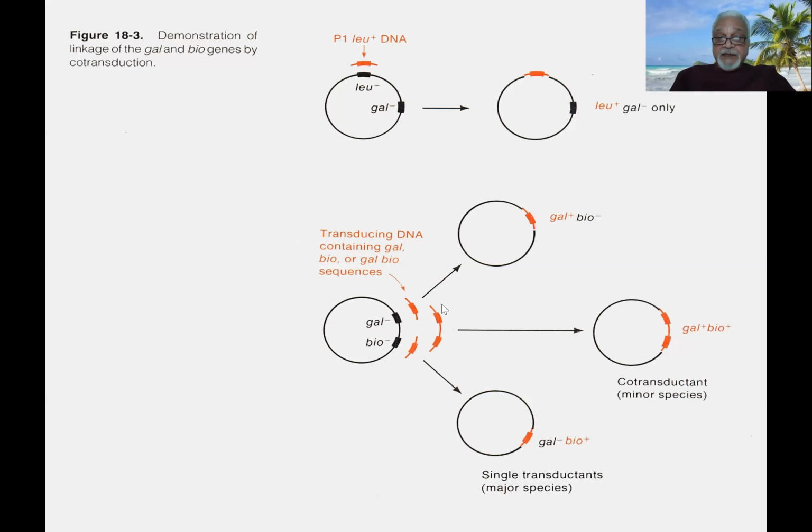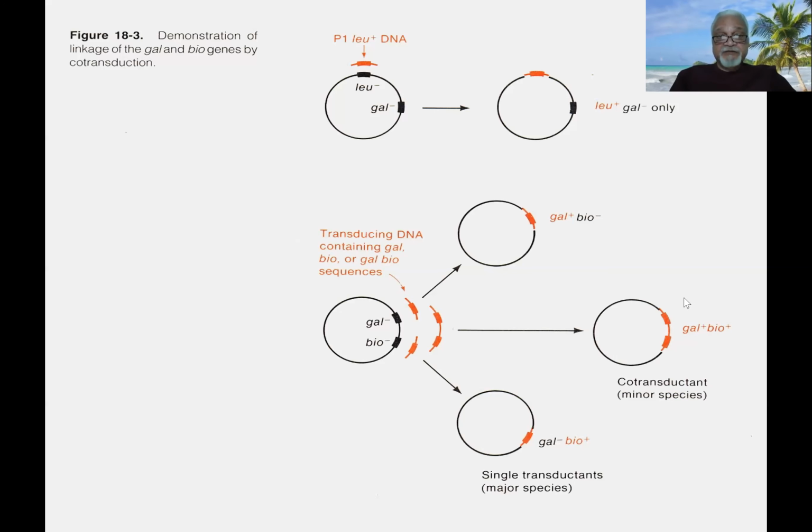But if this whole region is taken from the donor cell, both gal and bio plus part, and it recombines and replaces both gal and bio, you get a transductant which is gal plus and bio plus. And this is what we call co-transduction, wherein a cell is transduced by two marker genes, and both of them are coming together.